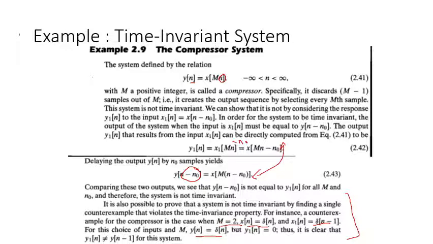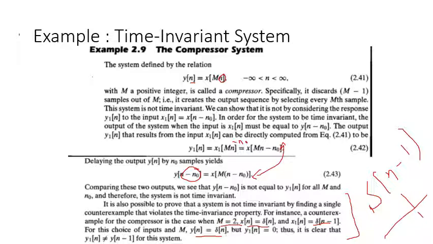But y1 of n is equal to 0 because if I have m equal to 2, it means that we have a shift at 1, but if I multiply it with 2, we will have 0.